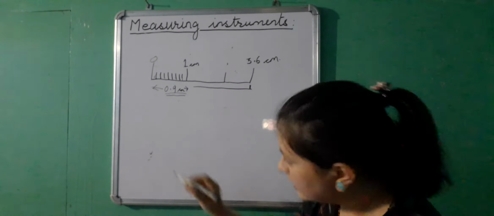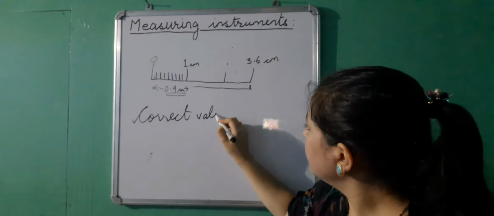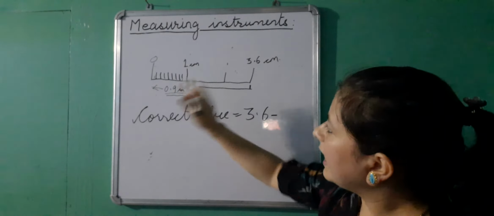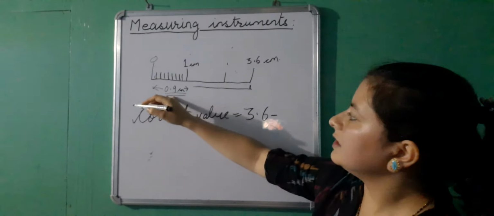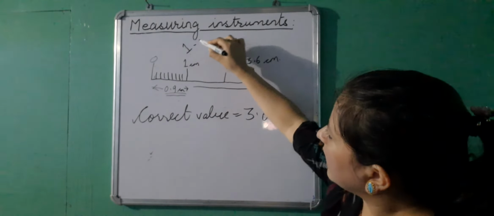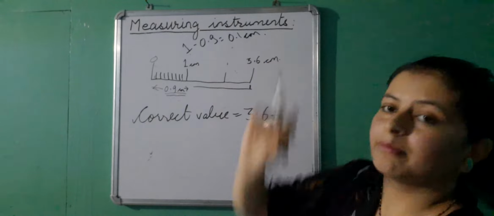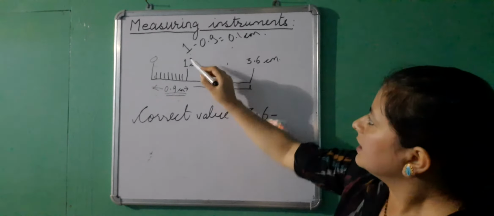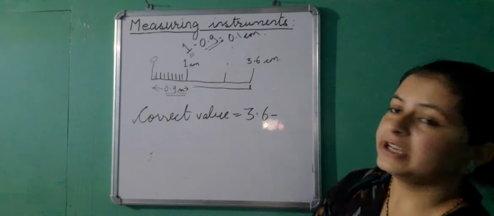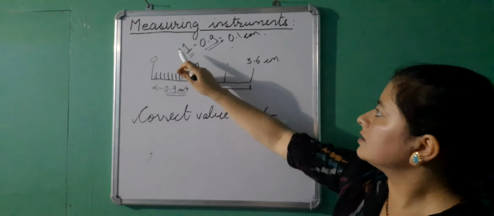So I have to subtract that value to adjust my error. The correct value will be the value that I just observed minus the error that the instrument contained. Here the instrument is containing an error of 0.1 centimeter, because 1 minus 0.9 is equal to 0.1 centimeter, the amount of error contained in the scale. So the correct value has to be adjusted in accordance with this error.